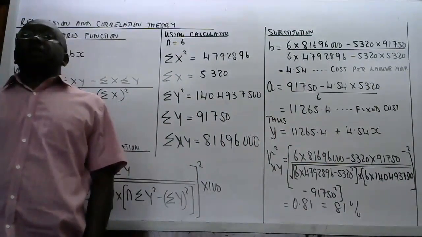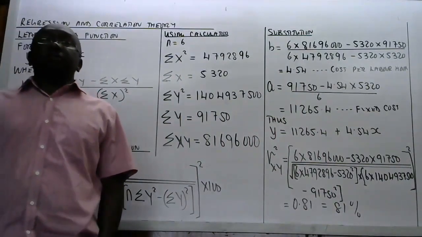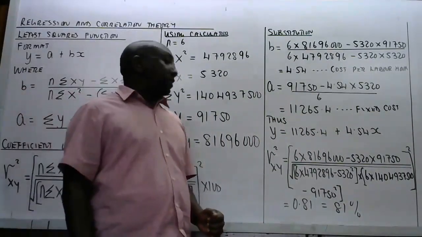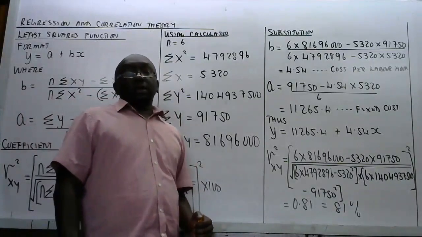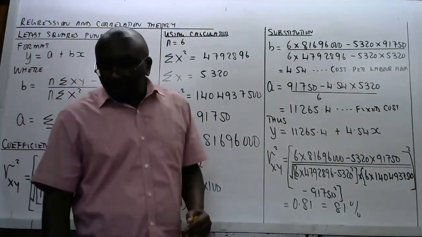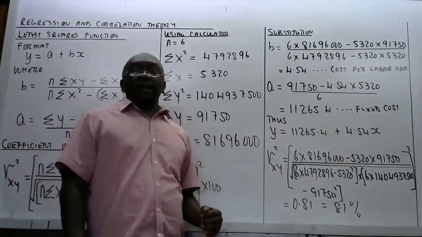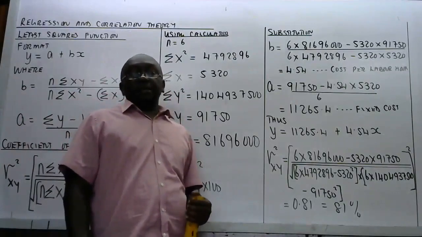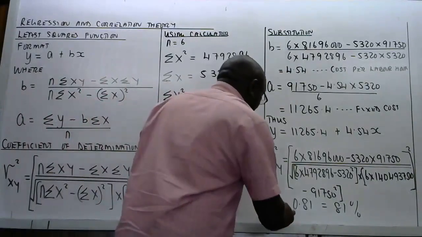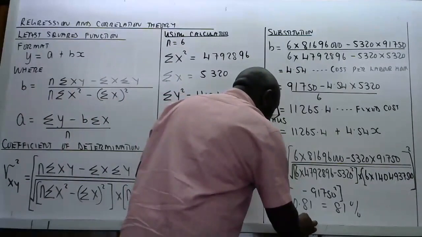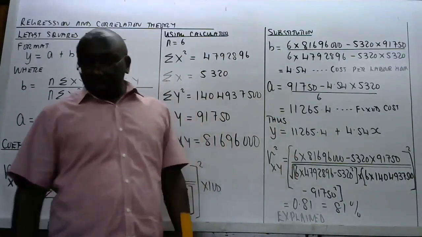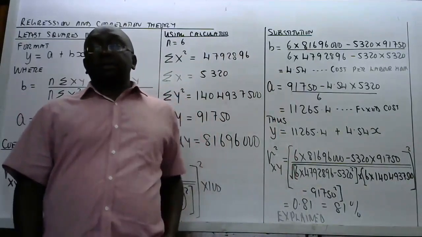So the meaning of that, or the interpretation of that, this shows that 81% of overhead costs in the above case is explained by direct labor hours.